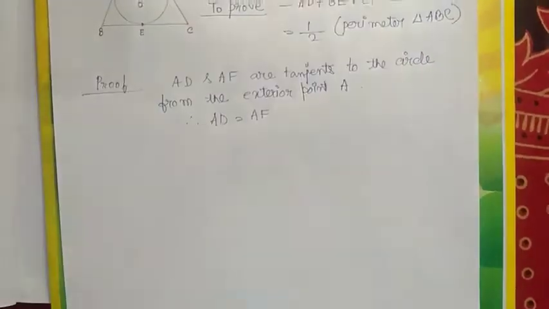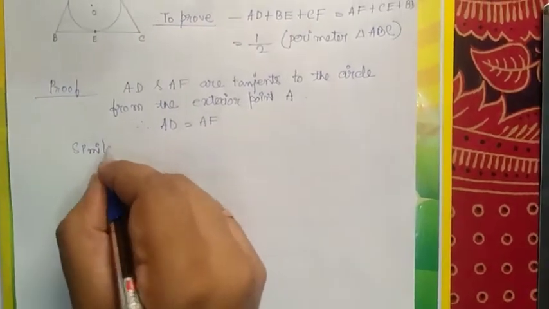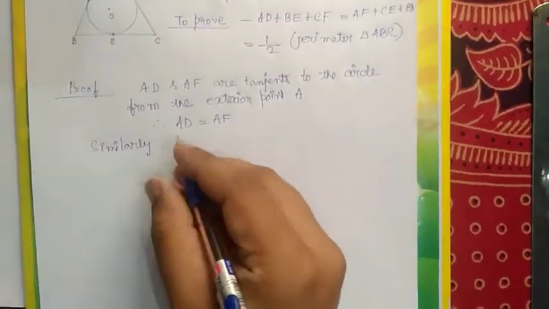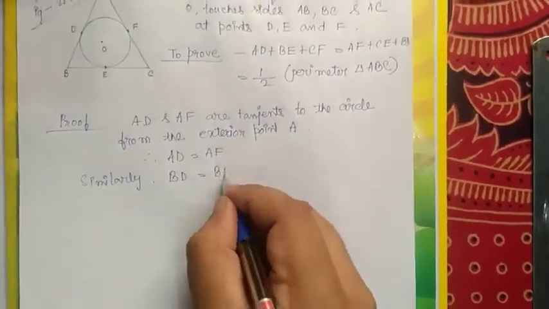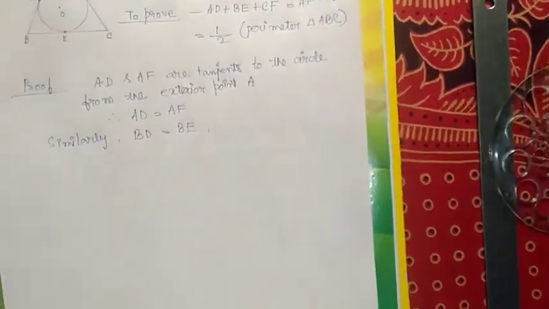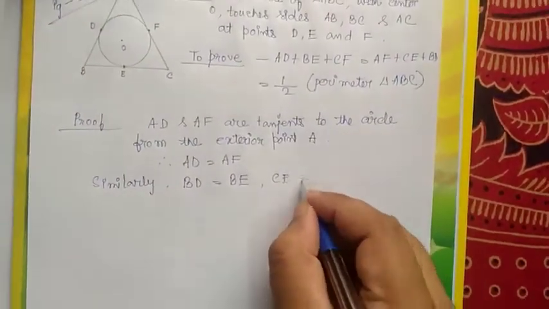Similarly, BD equal to BE, CE equal to CF.